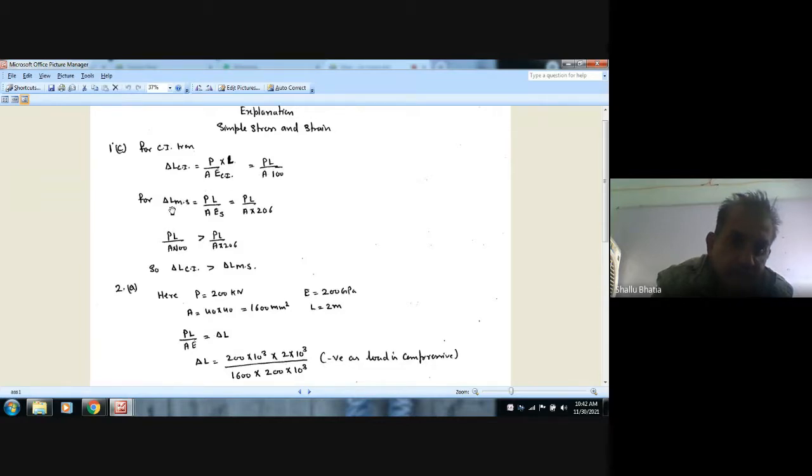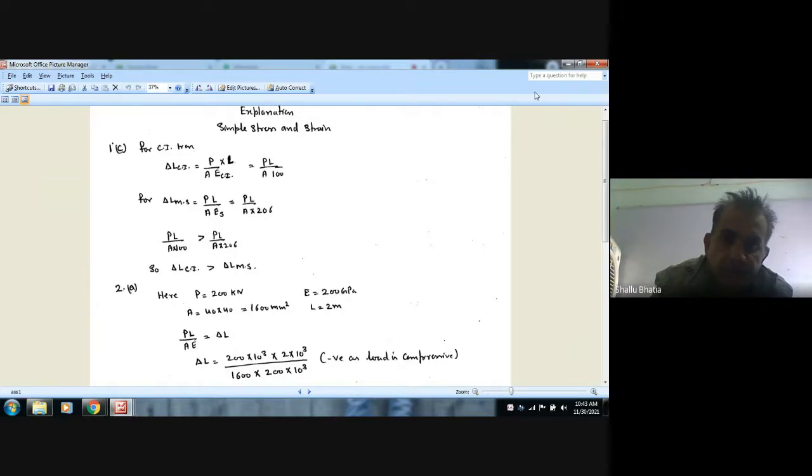So for mild steel change in length is PL by A into 206 and for cast iron PL by A into 100. As 100 is less than 206, the change in length in cast iron will be more than in mild steel, as they both have to follow Hooke's law because it is within proportional limit.